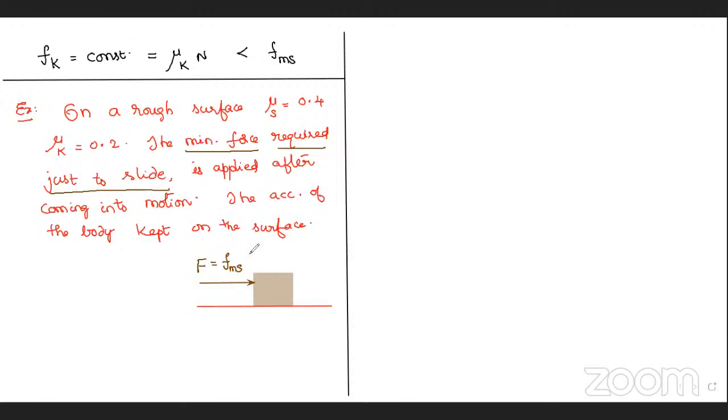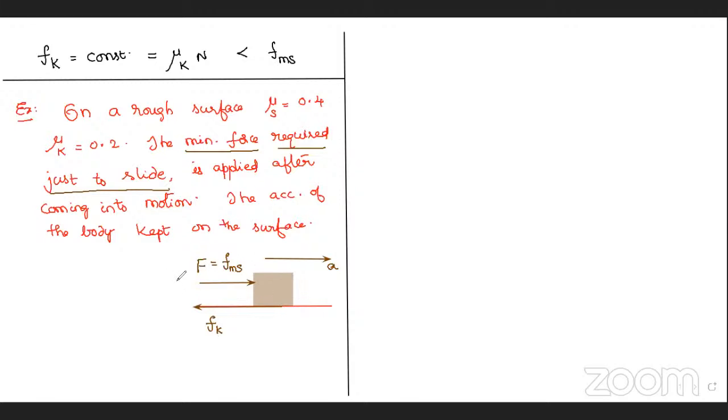Since the force is applied in this direction, I am going to assume the acceleration in the direction of force. Already in motion means the friction is not static friction; it opposes the motion. This should be kinetic friction.